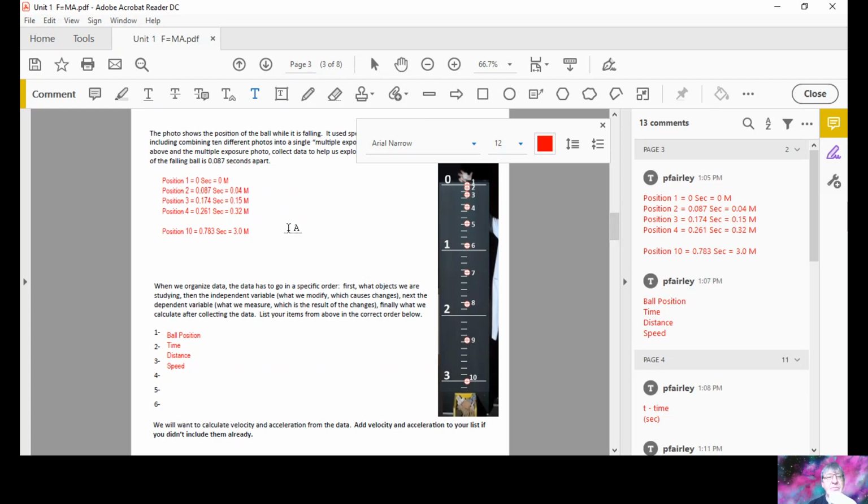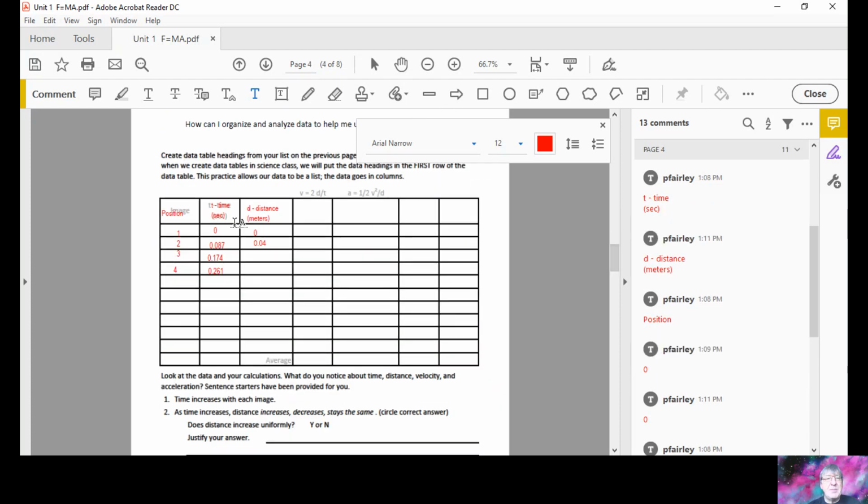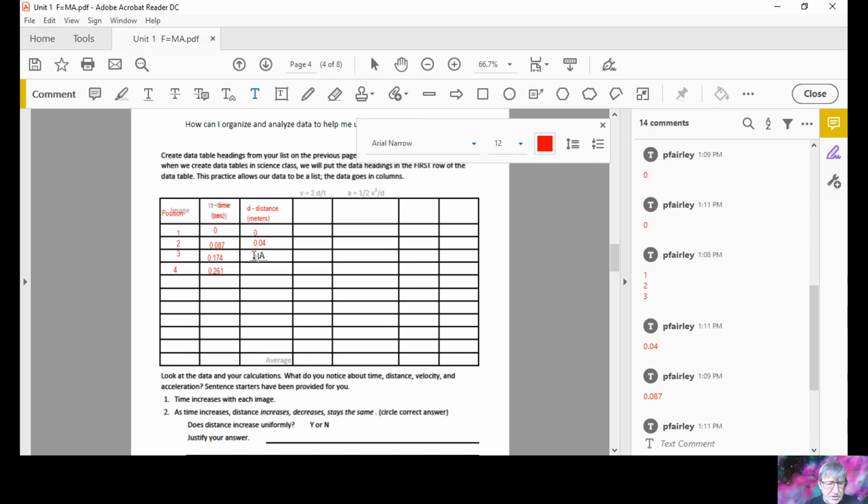I wanted to be accurate. Also notice that here, every time I wrote down seconds, every time I wrote down meters, and now I'm taking a shortcut, and instead of doing that, I put the measurement up at the top. If I've got the measure up here, I don't have to write it down here. So this one was 0.15.